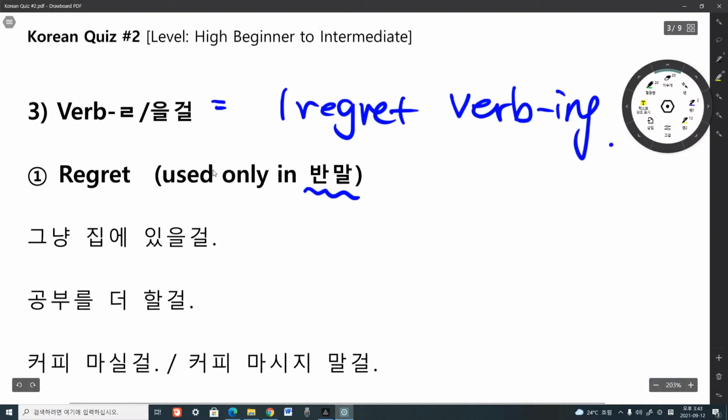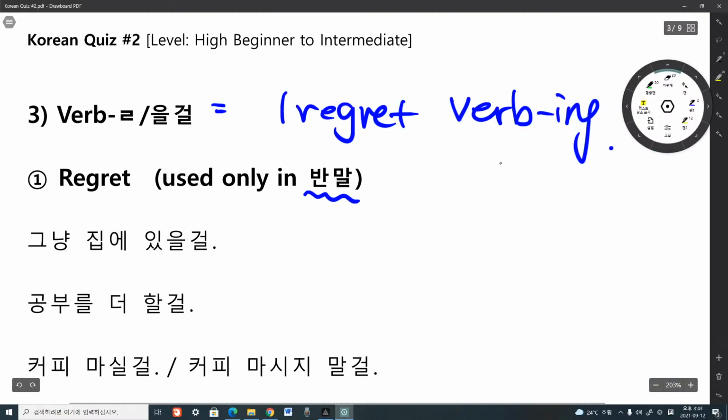But this 걸 ending, when it means regret, can only be used in 반말, which means you cannot say 할 걸요, because when you're talking about your own regret, this is more like talking to yourself, basically. Not always. You can say this to your friends, but you cannot use it in 존댓말 because usually it's just for talking to yourself about your regret.